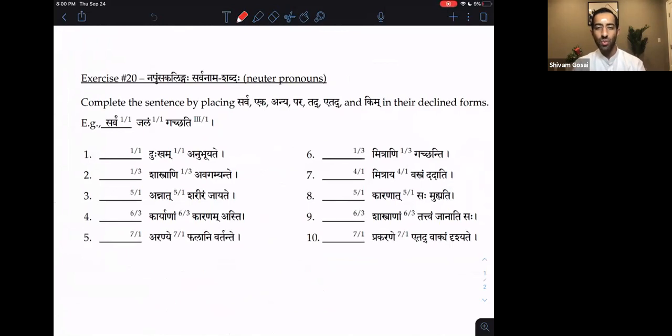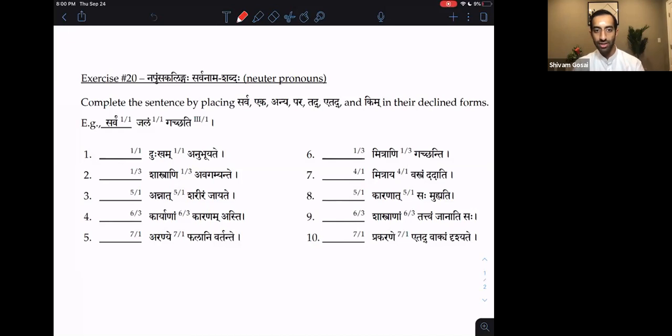What is tad 1-1 masculine? Saha. Okay, so now you know if it's masculine or neuter, because they look different. Saha dukkham anubhuyate wouldn't work there, but that would be masculine, and this would be tad dukkham anubhuyate. So that sorrow or pain is experienced, anubhuyate.